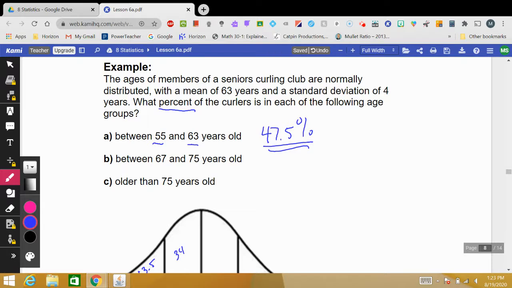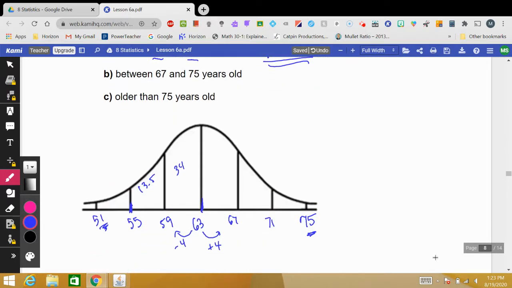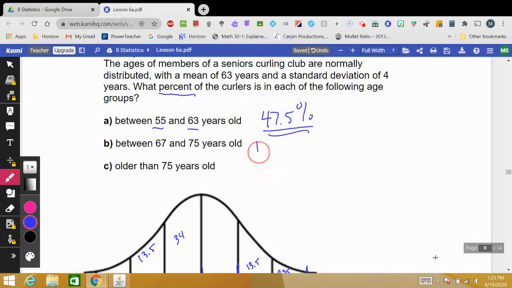How about between 67 and 75? So 67 is right here, 75 is right there. So again, this one's 13.5, this one's 2.35. So 13.5 plus 2.35 is 15.85% of the people in that club are between those two ages.